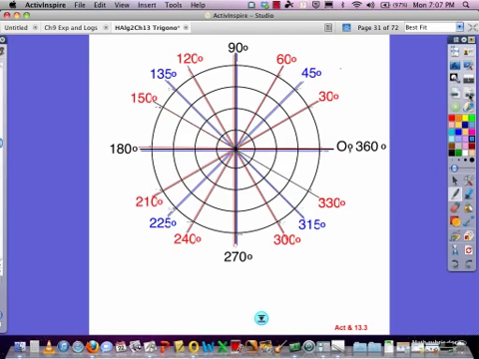Once we make a full rotation, we know we're back to the beginning. But we need to acquaint ourselves with where we are in those different quadrants. So you can check yours: we've got 120, 135, and 150 in the second quadrant. We've got 210, 225, 240 in the third quadrant. And lastly, 300, 315, and 330 in the fourth quadrant.